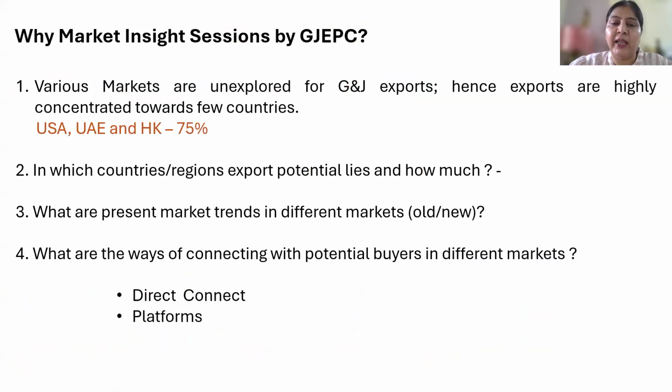As we all know, there are over 200 markets. But if we talk about exports of gem and jewelry products, there are only three markets, like the USA, UAE, and Hong Kong, where 75% of our gem and jewelry exports are happening. So there is a wide scope to extend our exports to different markets. That's why it is very important to explore what those markets are.